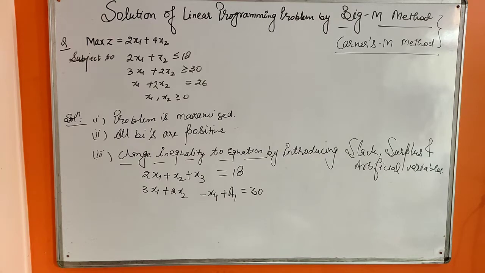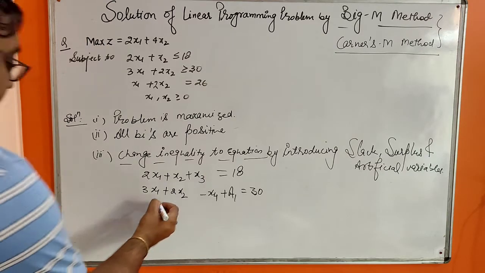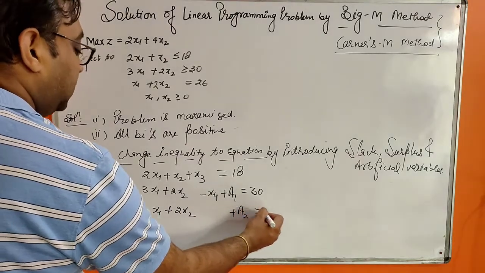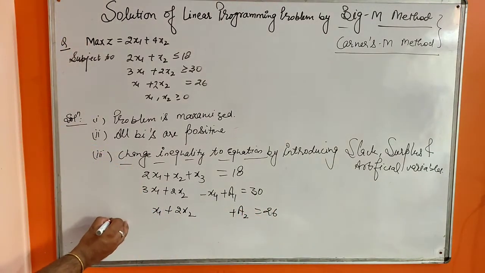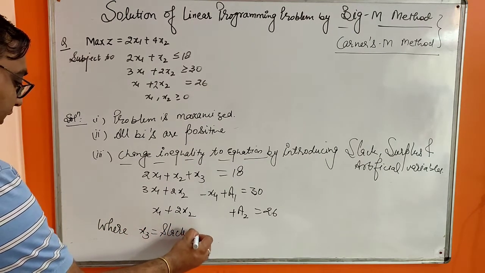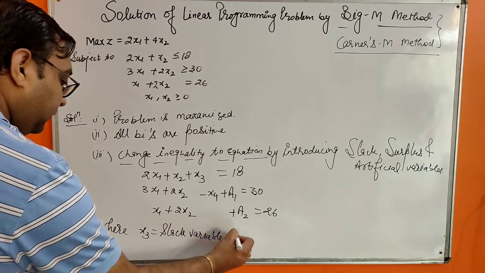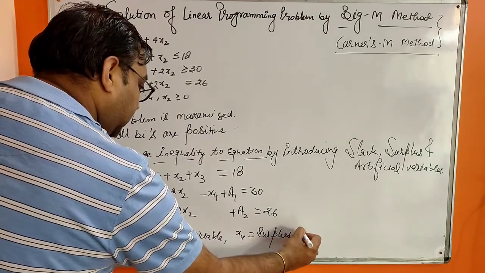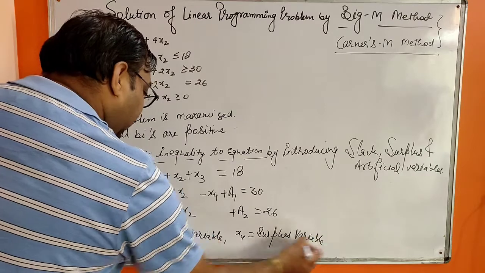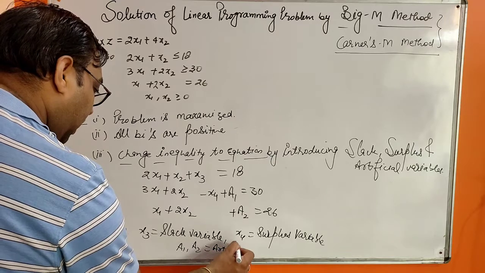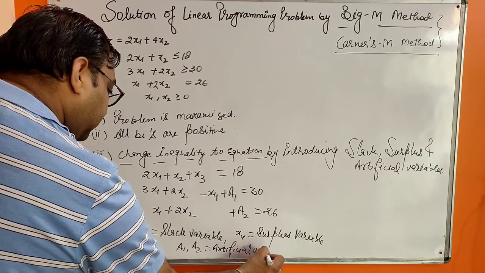So in the third equation we have to add an artificial variable, that is x1 plus 2x2 plus a2 is equals to 26, where x3 is the slack variable, x4 is the surplus variable, and a1, a2 are artificial variables.